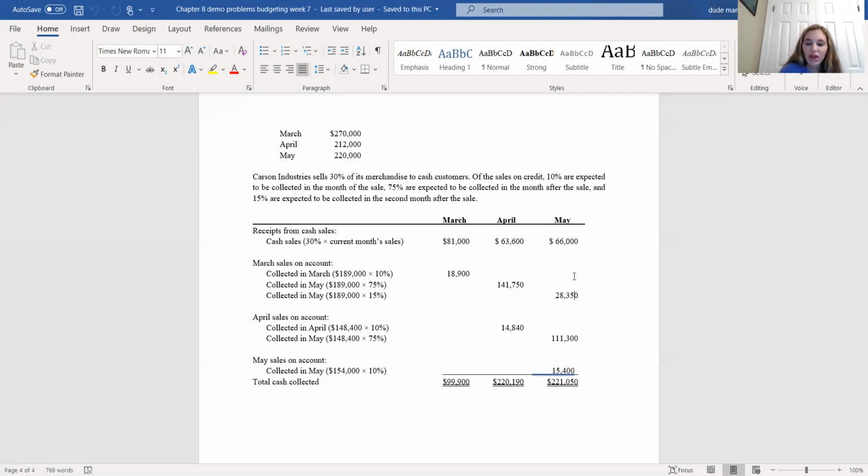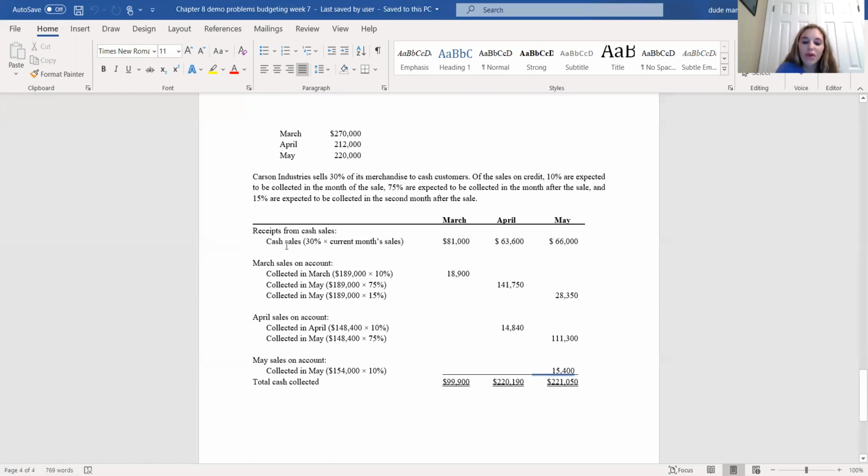For this organization, it works for them. Now, 75% being collected the month after the sale, it's about reasonable. I would probably put it about 70% because you may have timing issues with payment. You may have contracts or something with delivery. So it may vary, but this is a good starting point with the assumptions.